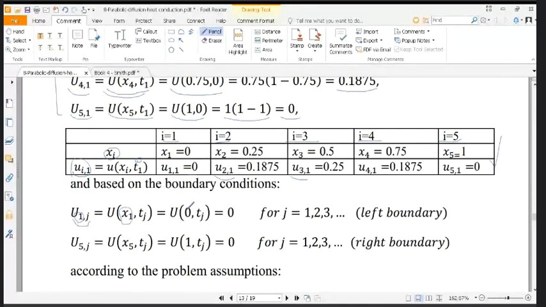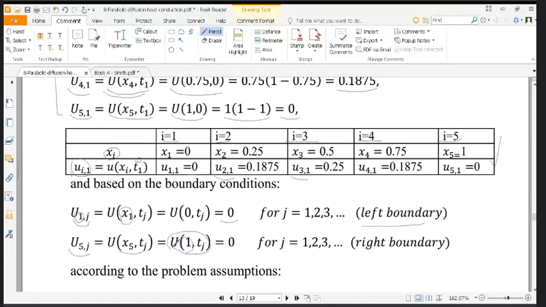When we have 0 for x, based on the left boundary condition, the value is 0. And also u5,j means u at x5 and tj. x5 is 1, and u at 1 and tj is for the points on the right boundary. For the points on the right boundary, the value of u is 0.